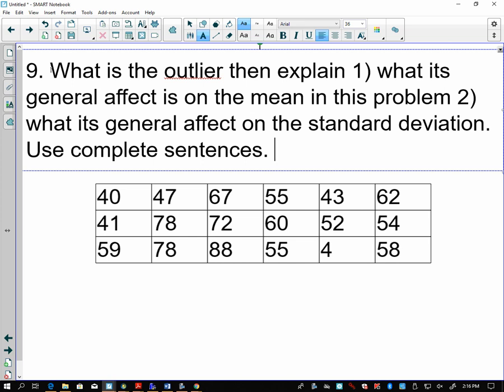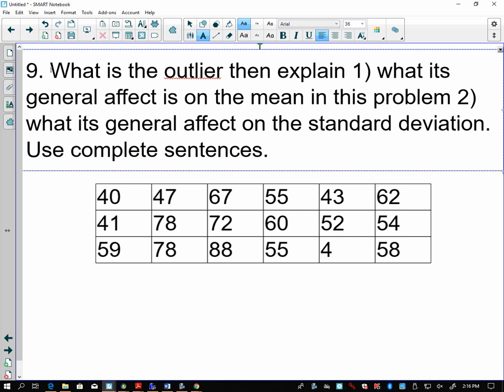1, you're going to tell me what the outlier is. What is the outlier in this data? 4, okay? What does the outlier do to the mean in this problem? It lowers the mean, okay? So the outlier is 4. It brings the mean down, okay? Hold on.